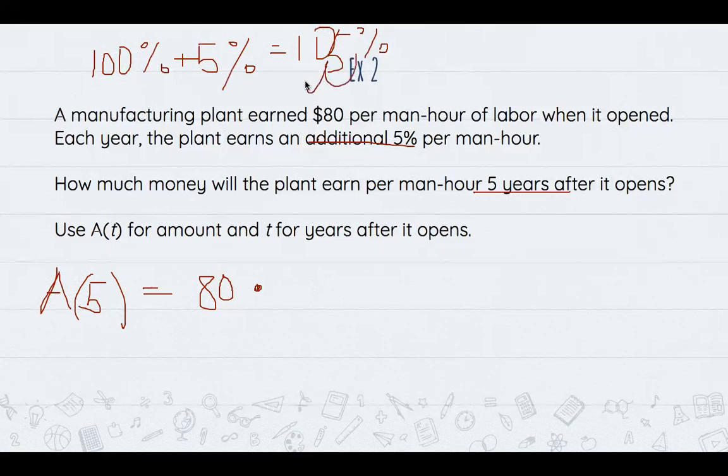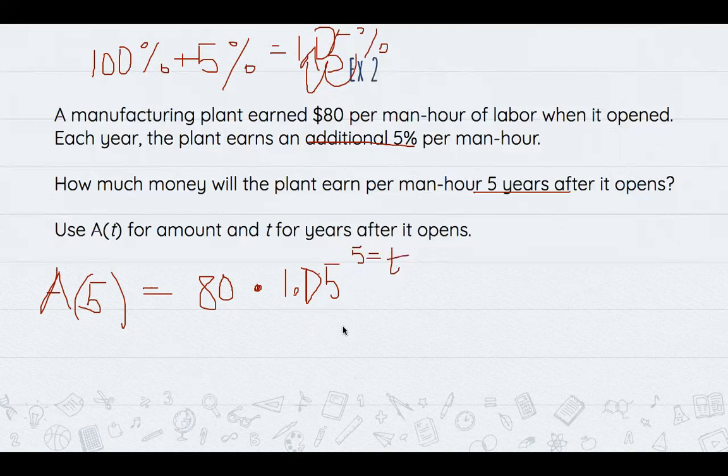So you know the rule is to bring two decimal spaces back. So 1.05. And then you cannot forget your t. And in this situation, our t is 5, so we're going to substitute 5 for that. But just so you know, that's our t.